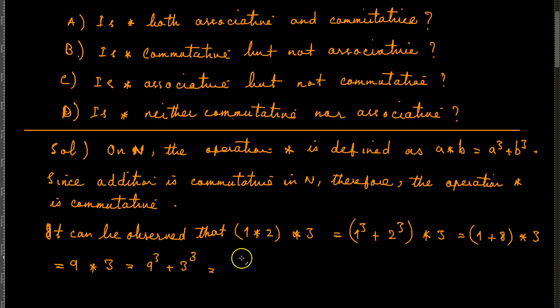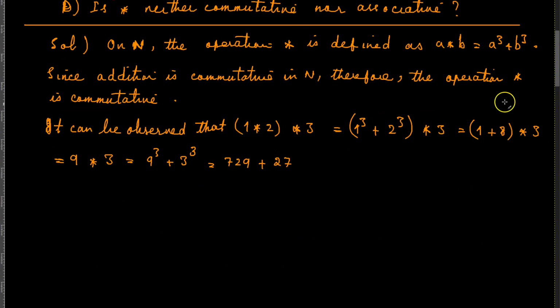Now 9 cube is equal to 729, and 3 cube is equal to, well, 9 times 3 is equal to 81, or I'm sorry, 9 times 3 is equal to 27. Now 729 plus 27 is equal to 756, right?